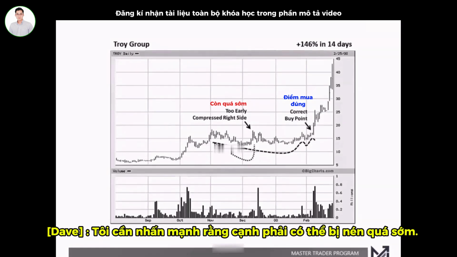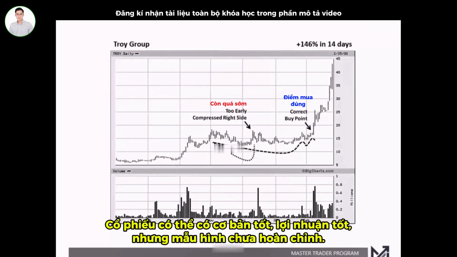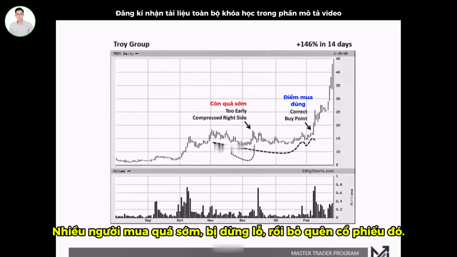Go ahead, Dave. One thing I'd like to point out too is that where you say too early compressed right side, the stock might have some of the characteristics, and maybe it had the earnings, but the pattern hadn't set up yet. Sometimes it's such a shame where you're looking at a stock, and maybe you bought it where it said too early compressed right side.